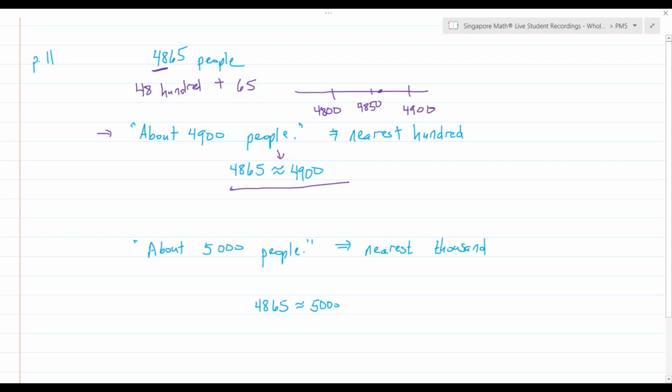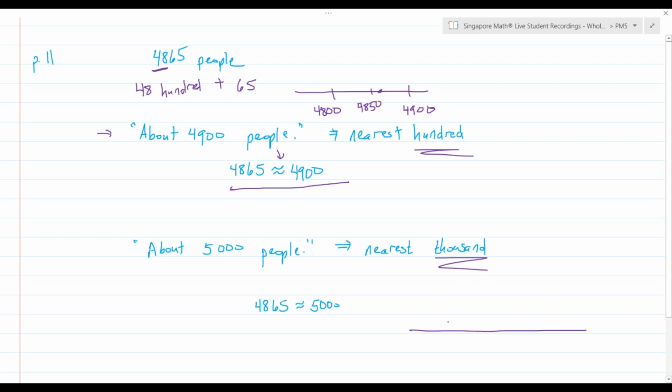This symbol, the squiggly line equal sign, means it's not equal, it's just approximately. It's similar. It's a rounded answer. But then on the bottom of the page, somebody else talks about the event and says there were about 5,000 people. Well, that person, instead of rounding to the nearest hundred, chose to round to the nearest thousand.